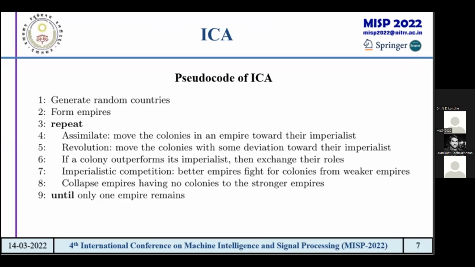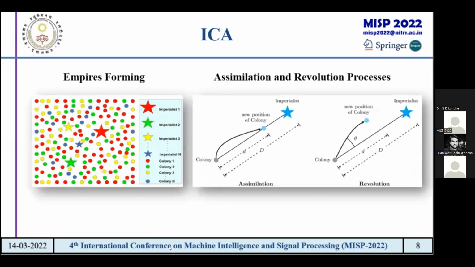These countries form some empires, with some elitist countries serving as imperialists, and the remaining countries are assigned to these imperialists and are called colonies of the so-formed empires. In this picture, colonies are represented as circles and imperialists are represented as stars. The same colored circles and stars belong to one empire.